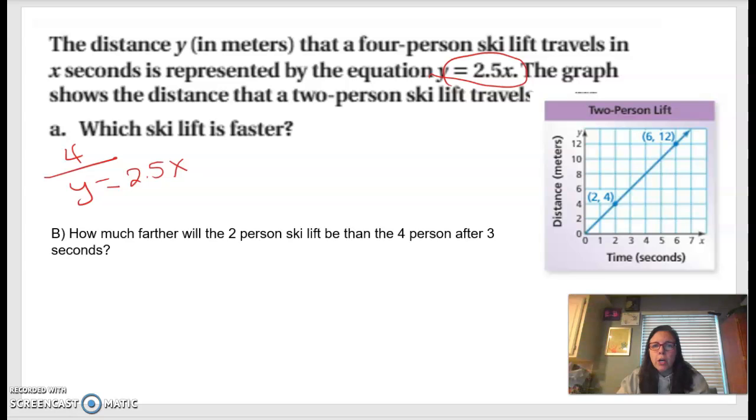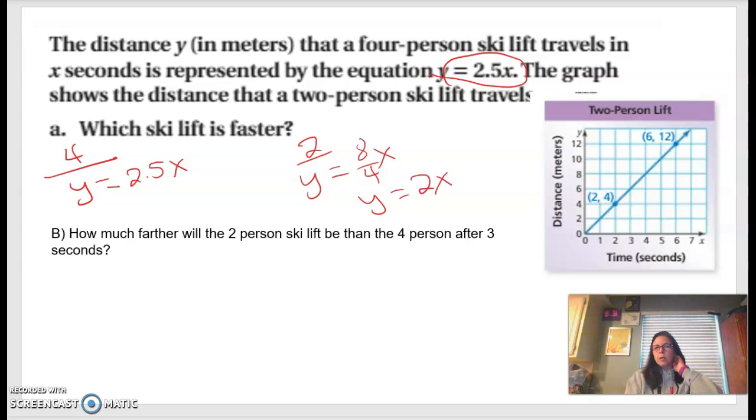And then for the 2-person, we just have to find the slope. So we would go up. Remember, these are going up by 2. So 2, 4, 6, 8. And over 1, 2, 3, 4. So y equals 2x would be the 2-person.